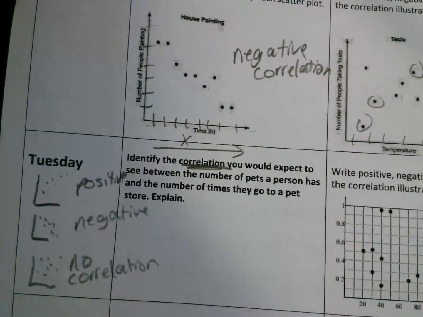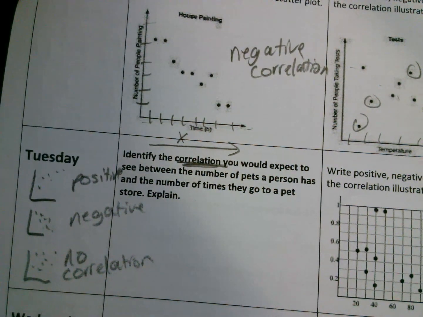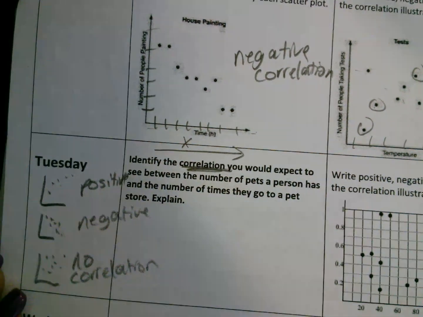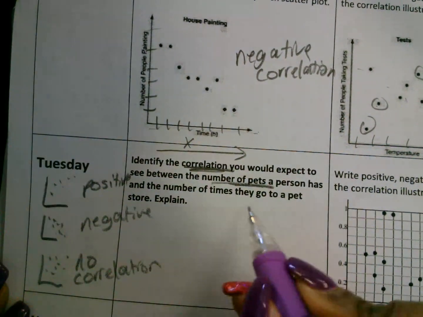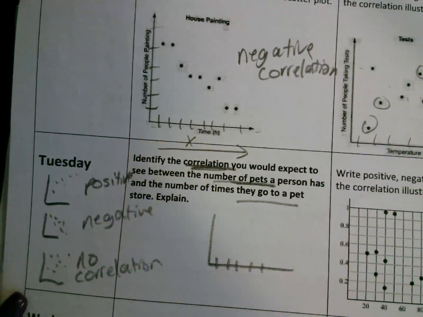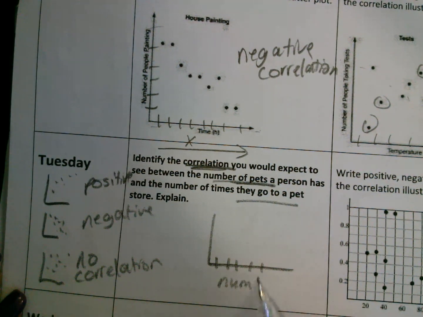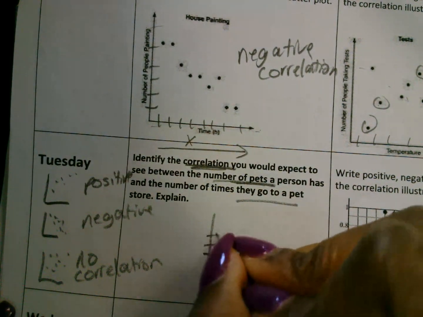So in this particular scenario, it says identify the correlation, whether it's positive, negative, or no correlation at all. You would expect to see between the number of pets and the number of times you go to the pet store. Your number of pets is going to be your X, unaffected by the times you go to the store.